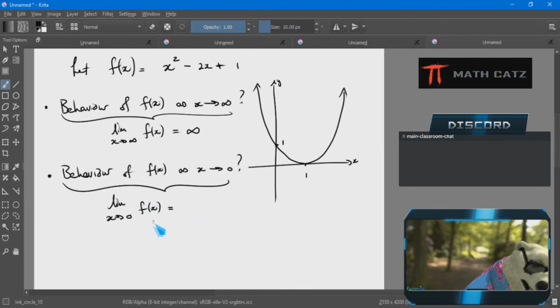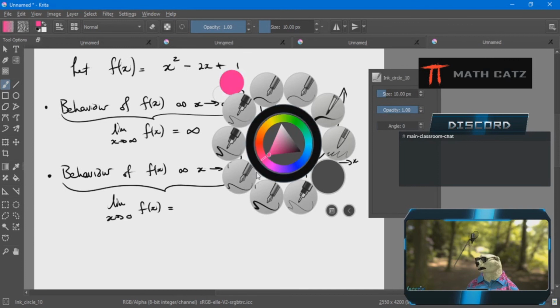Of course, what the function is the deciding factor for what the answer is. I then look at my function. I see, oh, it's a nice parabola. As I approach 0, or around x equal to 0, the y value, let's pick a color. Let's make this colorful. Let's go pink.